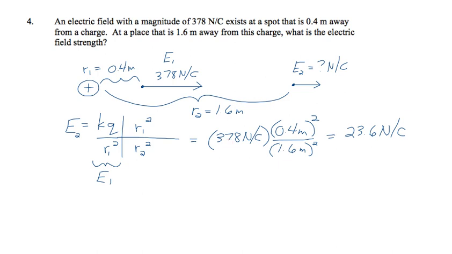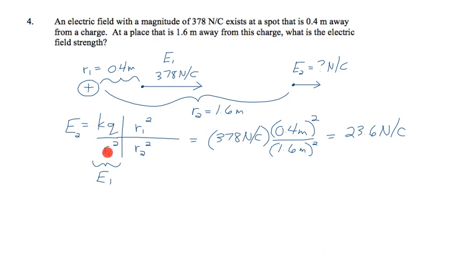You have a question? Yeah, why is 0.4 meters squared in the numerator if it cancels out with 0.4 squared in the denominator? Well, that's why it's in the numerator. So in solving for E1, E1 equals KQ over R1 squared.